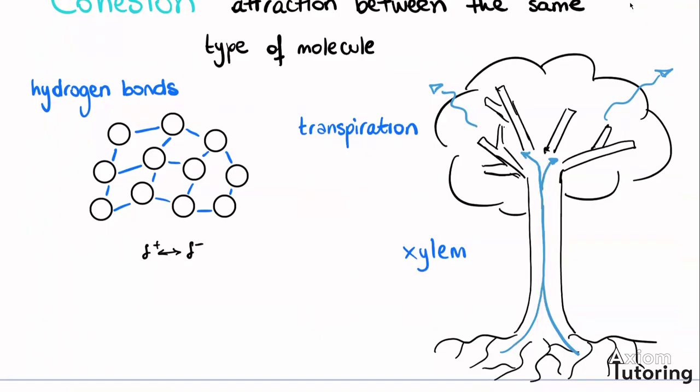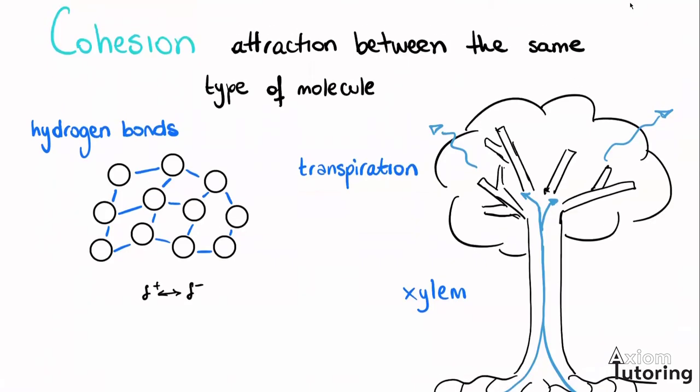And as water goes through a process called transpiration, water molecules are lost through the leaves. And as they move out of the leaf, they pull other water molecules up through the xylems because of their willingness to stick together.